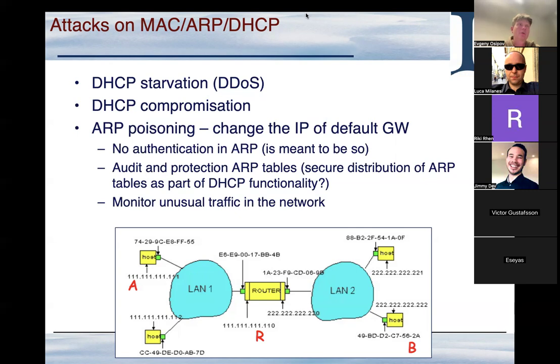And two functionalities which are important to mention in this context are DHCP servers, which stands for Dynamic Host Configuration Protocol, and Address Resolution Protocol, so ARP.